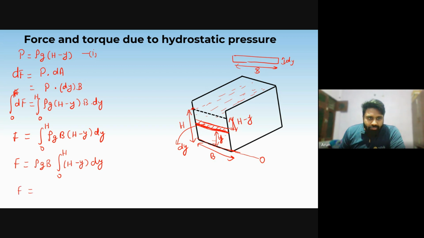Now f is equal to rho g b times the integral of h dy.